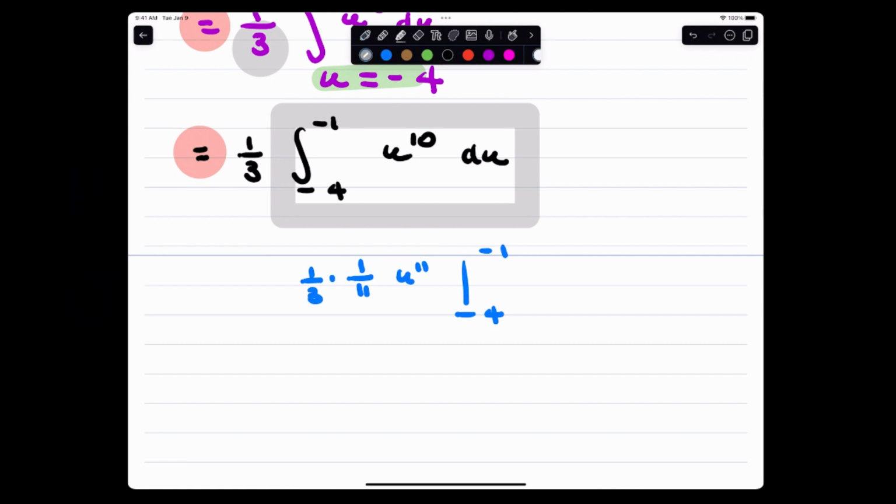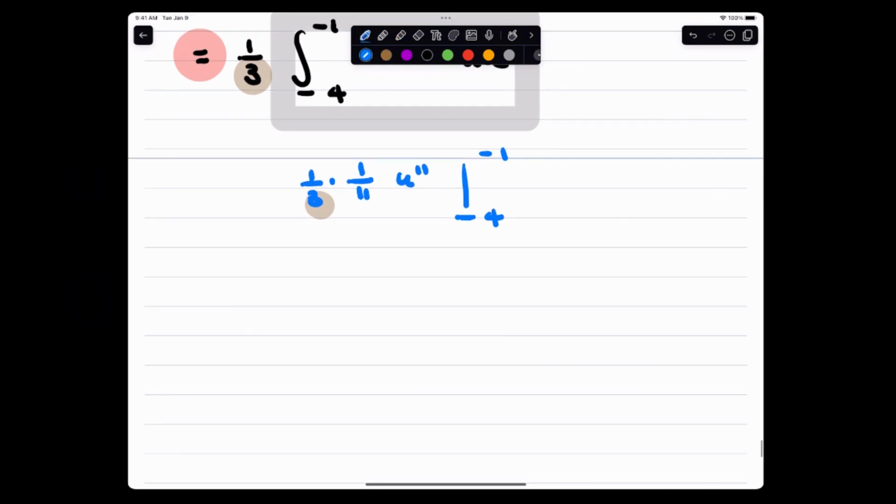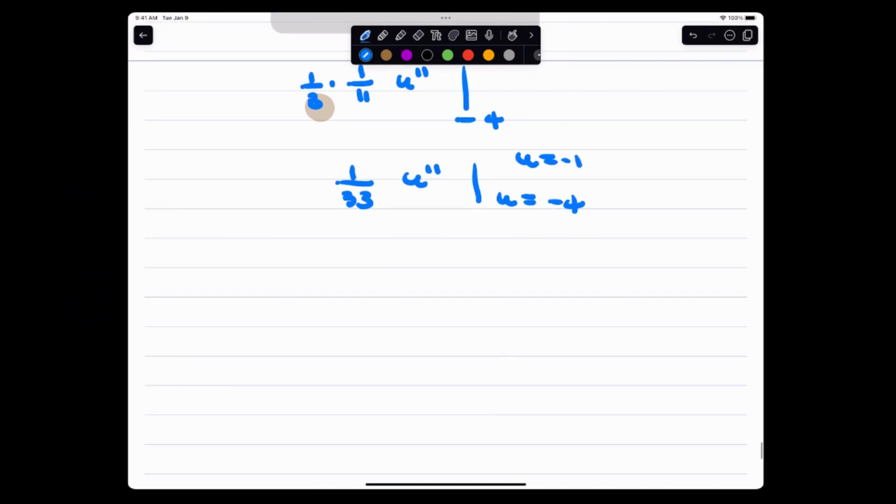Don't forget that 1/3 out here. So you're really going to have 1 over 33 u to the 11th from u being equal to -4 to u being -1. So you just found big F of u. So if you can evaluate the following.